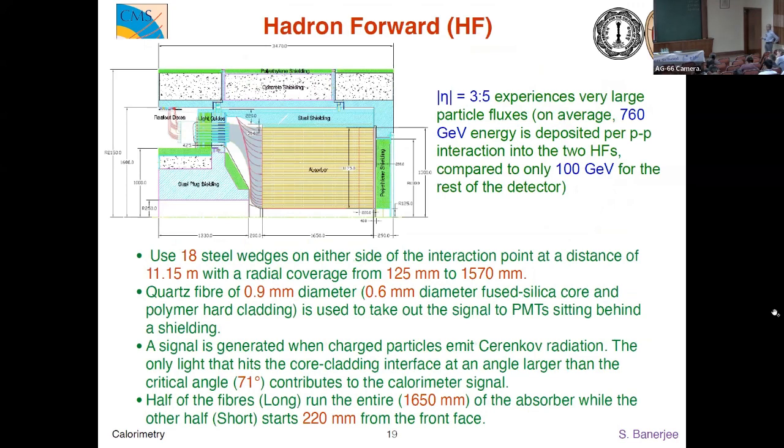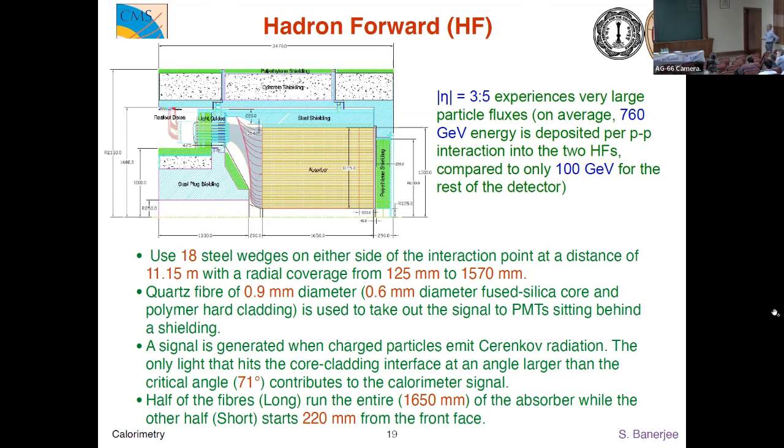In the forward system, you have much higher radiation, and obviously most of the scintillation system will not work. So we have to revert to something which is much more robust. What is being done is that in the very forward direction we have put in a steel absorber, and in the steel absorber we put in quartz fiber.